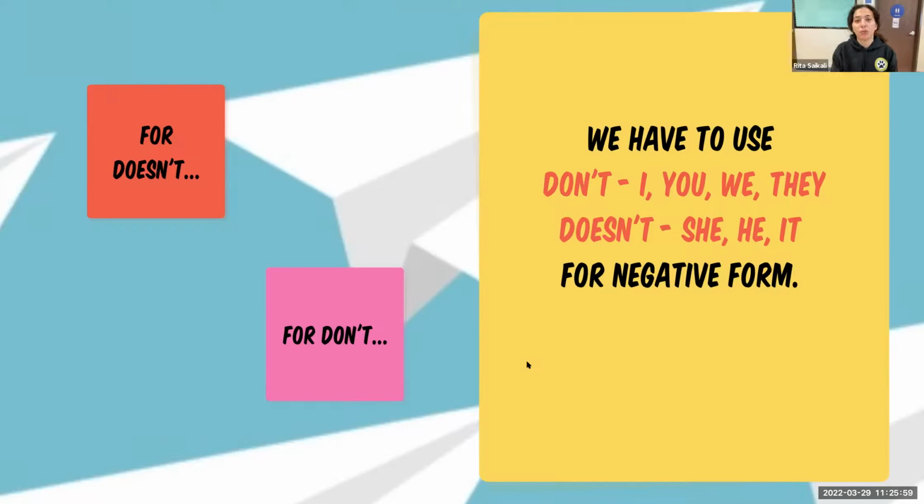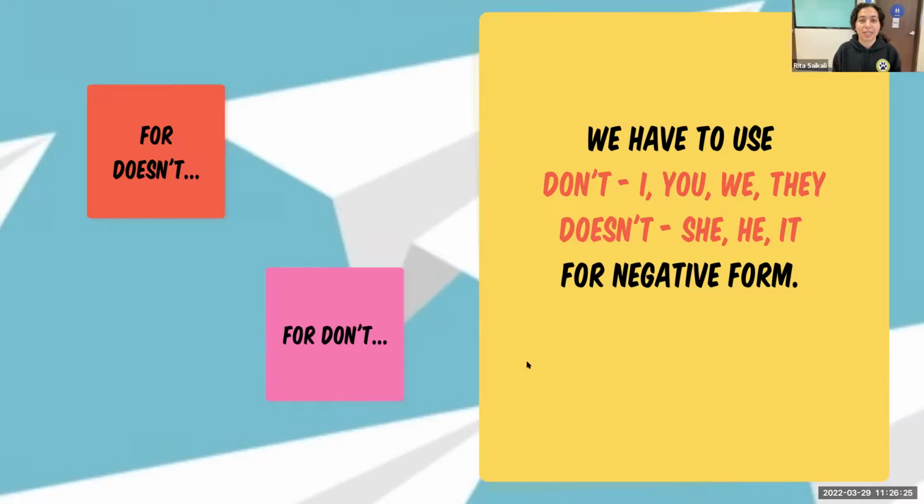We use do not or don't when we want to negate something with I, you, we, and they. For example, I don't like sushi. Okay, that's a lie. I love sushi. But I don't like sushi, or I do not like sushi.